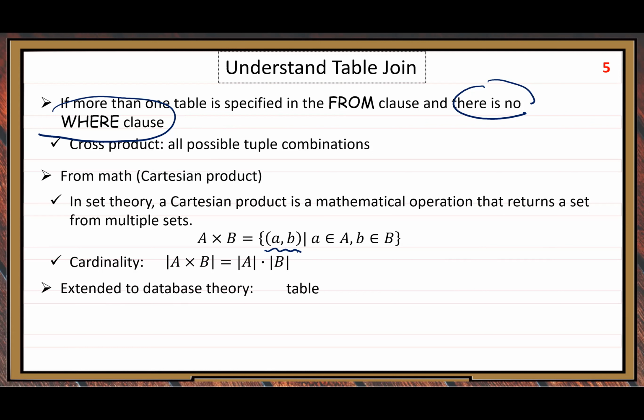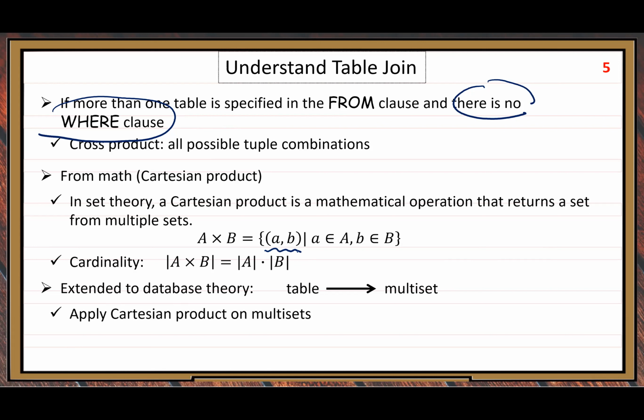The first extension is the table. We mean it is a multi-set, not a set. So you need to consider duplicate tuples. Duplicate tuples, you need to count those many times. Do not do any simplification.